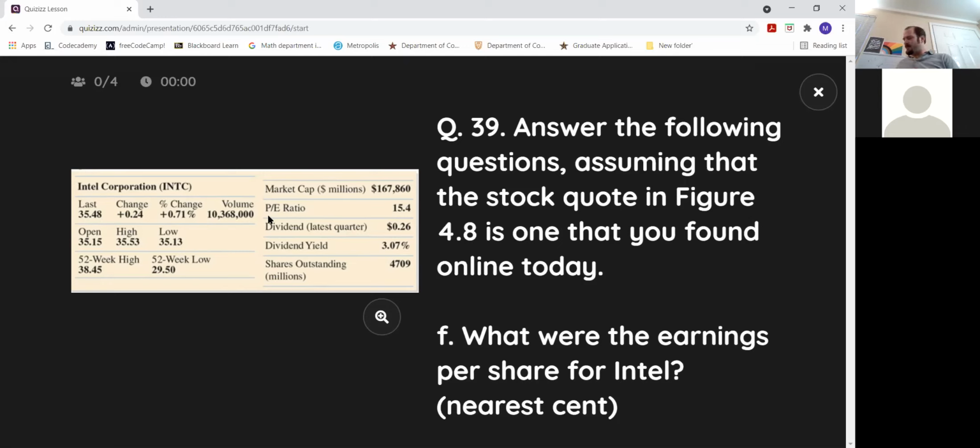And this should be a dollar amount, so you're going to round it to the nearest cent. I think we got one more question after this with this chart.